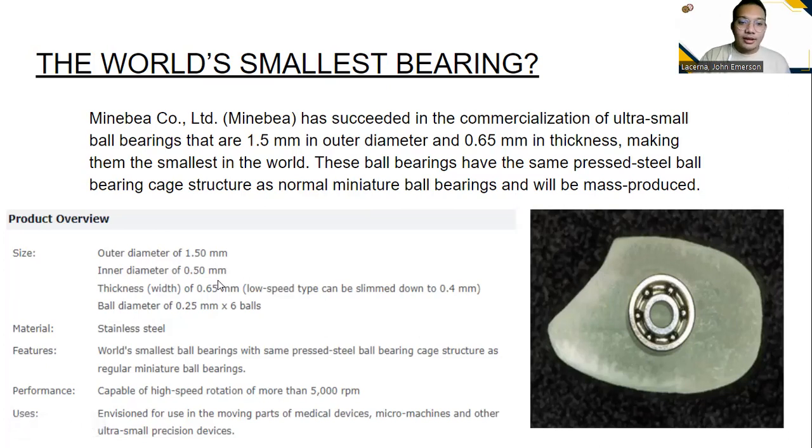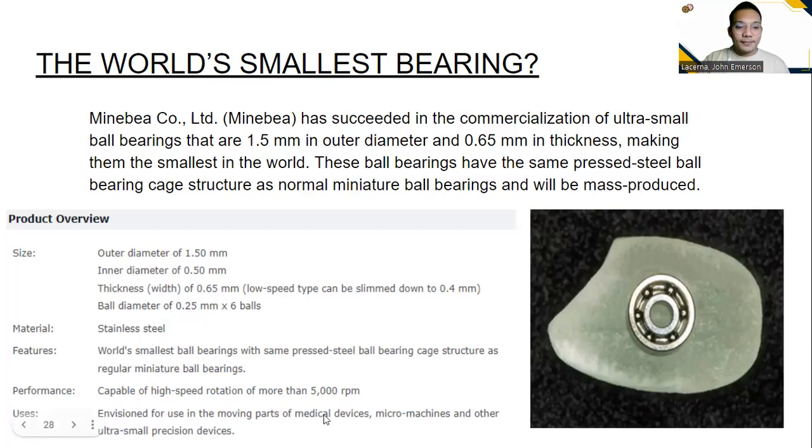Inner diameter ay 0.5 mm. And yung thickness is 0.65. Material, stainless steel din. Yung typical bearing material natin. Features is, yun, title niyang world's smallest ball bearings. Performance, capable naman siya of more than 5,000 RPM.